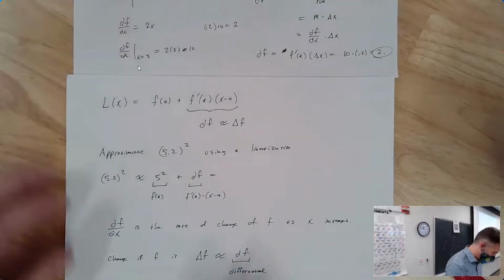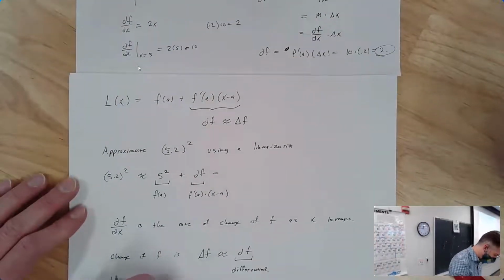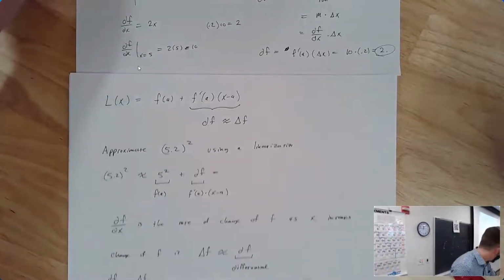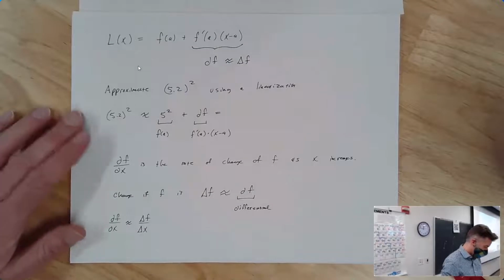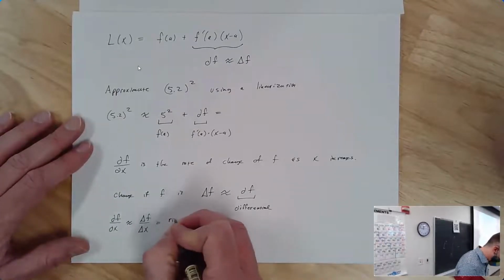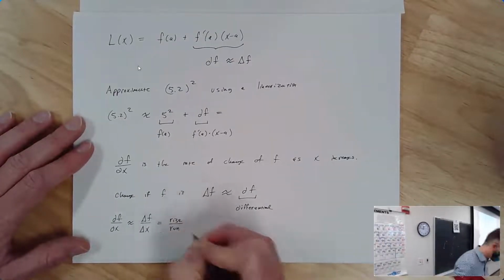So when we're talking about this, what we're saying is the derivative is an approximation of the actual change in f over the actual change in x, which is your rise over your run.